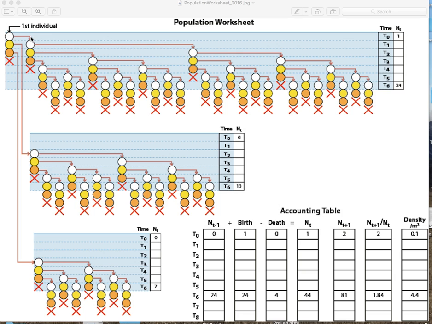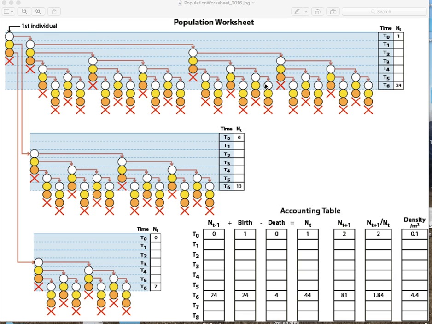We can track that arrow to this white circle right here, which is the first offspring of our starting individual. We also know that this individual will give birth at every time period it's alive, so we can track its first offspring just by following this arrow out and finding the white circle down here, and so on.